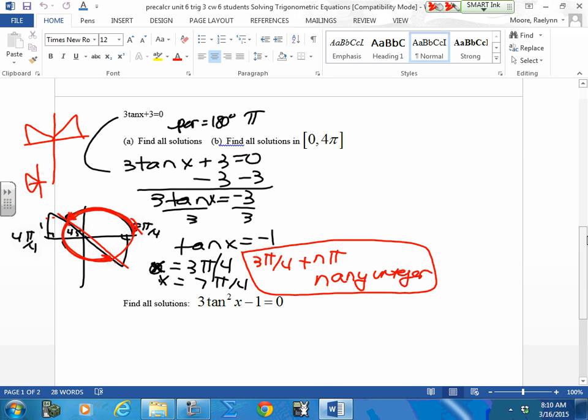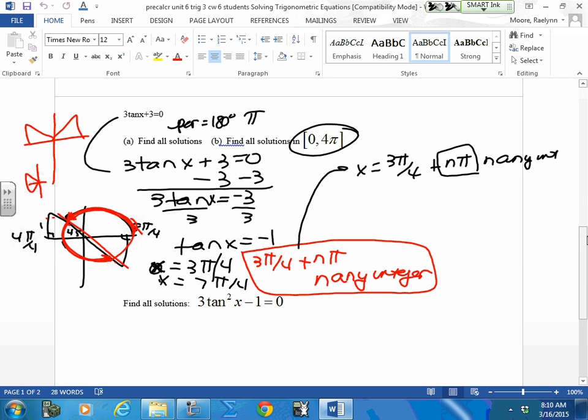Now stay with me. We're going to take this concept and bring it into here. From 0 to 4 pi. So we're going to convert this guy. Instead of adding pi this time, pi is the same as 4 pi over 4 with the same denominator, right? So we're going to keep adding 4 pi over 4.